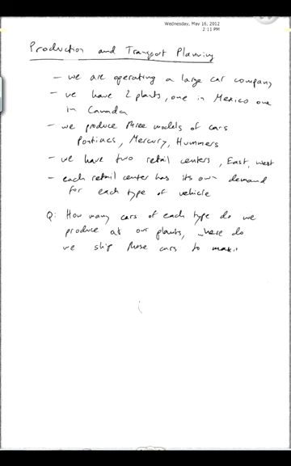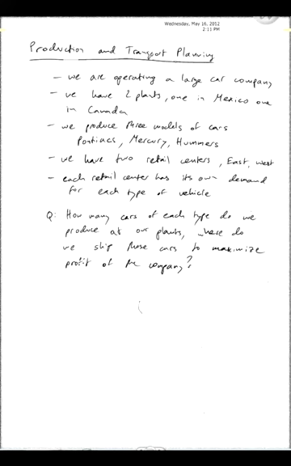To maximize profit of the company. So that's the basic question, and we're going to answer this question using a minimum cost flow model. So let's just begin to brainstorm what this model might look like.